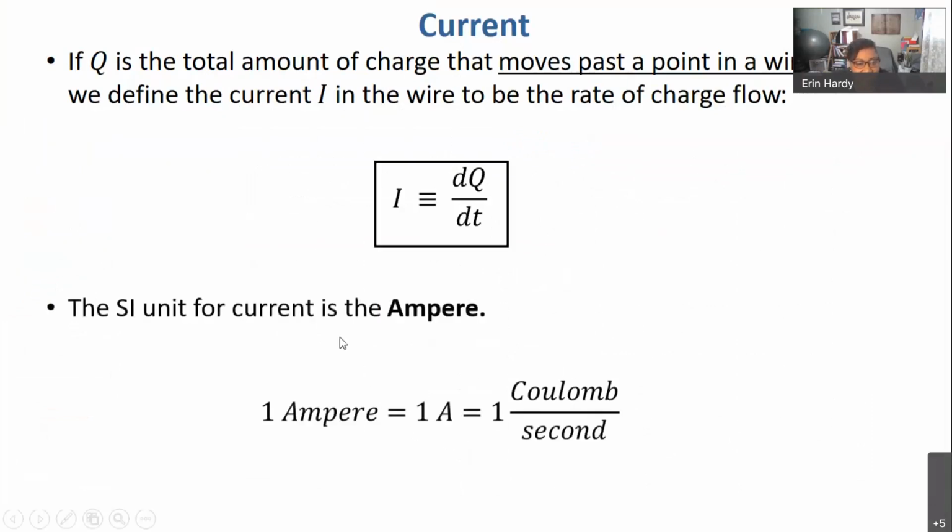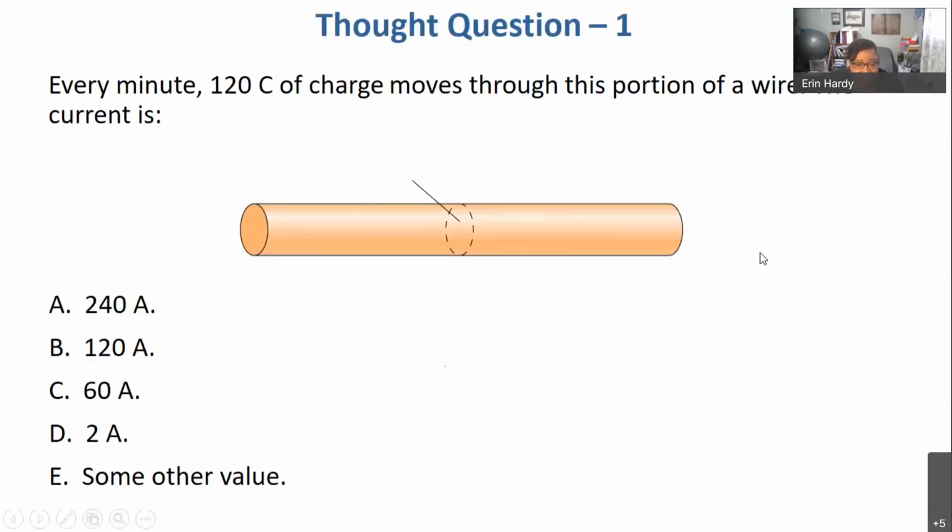So we ran into the amp for the first time. That's just charge per unit time, another combination of fundamental units. The fundamental units in the SI system being kilograms, meters, seconds, and then coulombs, which is one that we did ignore for the entirety of semester one.